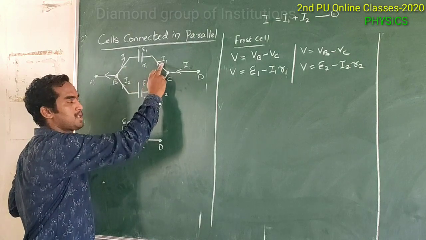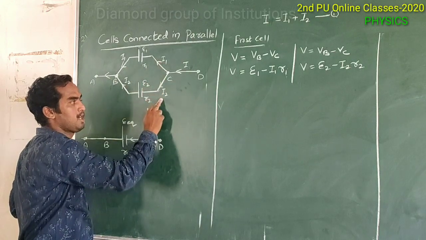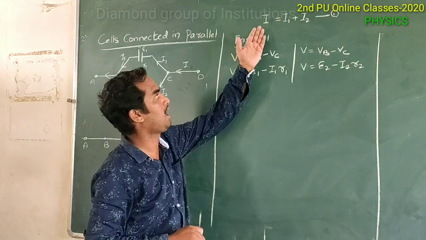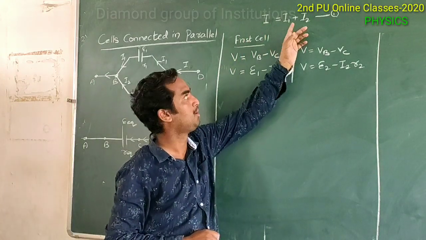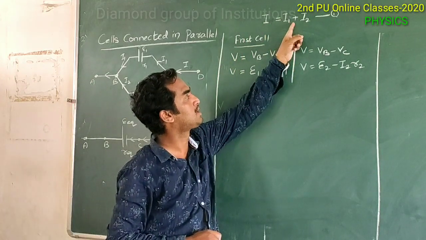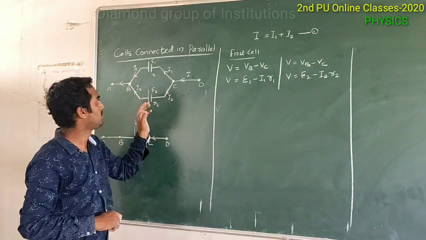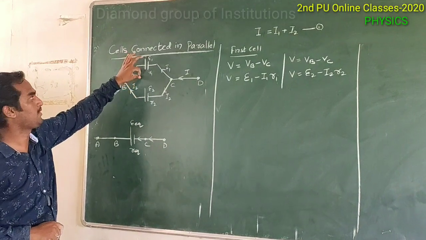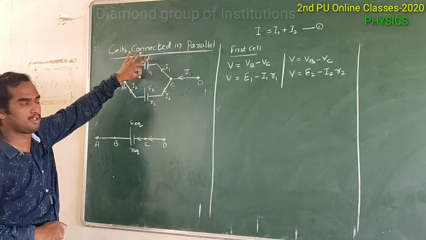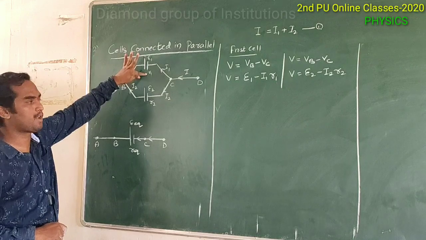What is the first branch current? I1. Next branch current I2. So we can write I equal to I1 plus I2, because the sum of the individual currents is equal to the main current. The first cell has EMF E1 and internal resistance R1.